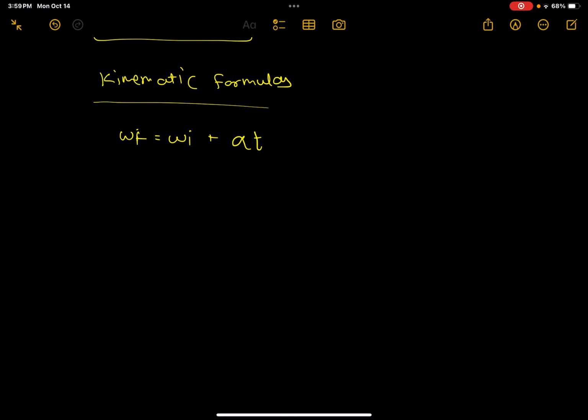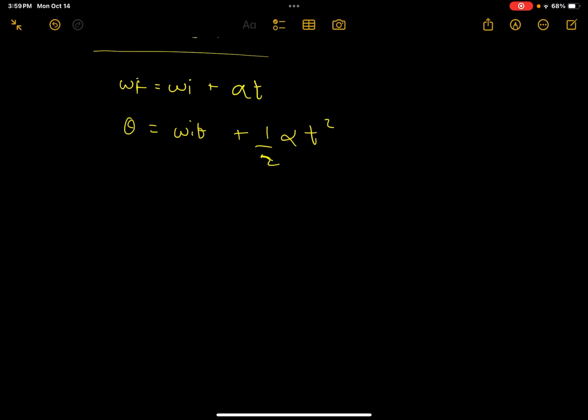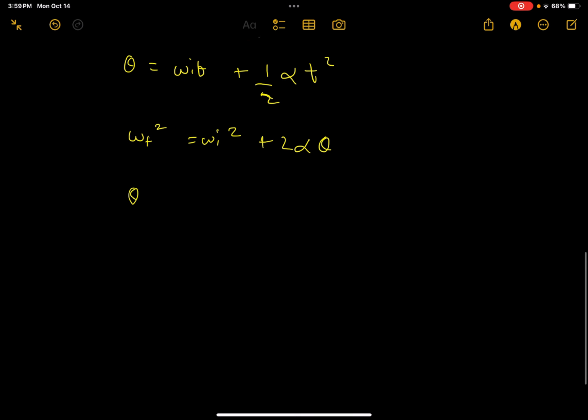Theta is equal to omega initial t plus half alpha t square. Omega final square is equal to omega initial square plus 2 alpha theta. And theta is equal to (omega final plus omega initial) upon 2 times time.